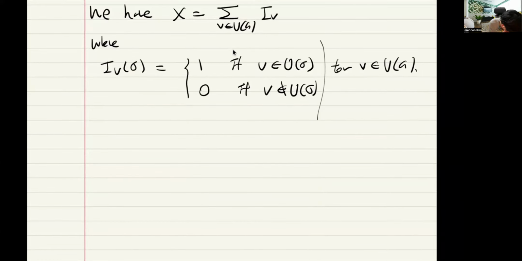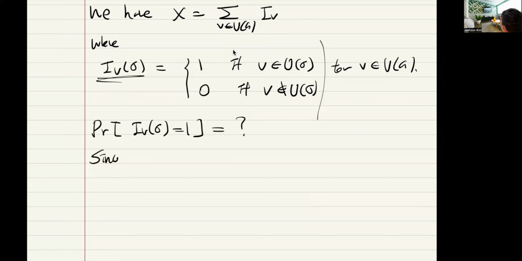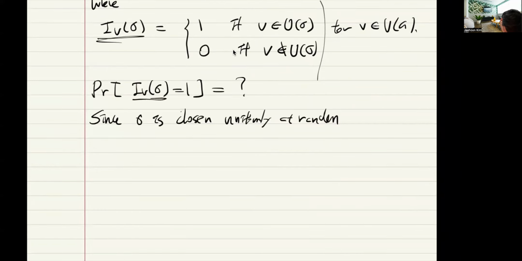Now, what's the probability that this is 1? Since sigma is chosen uniformly at random, when does it become 1? You have v and its neighbors, let's say u1, u2, u3, u4.